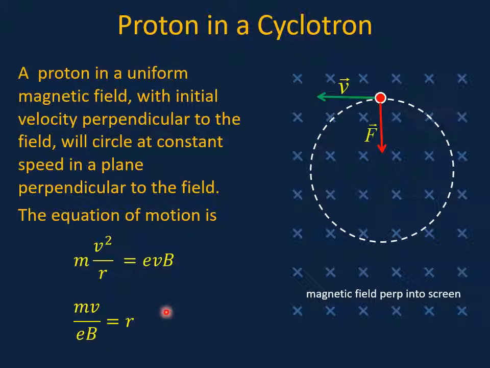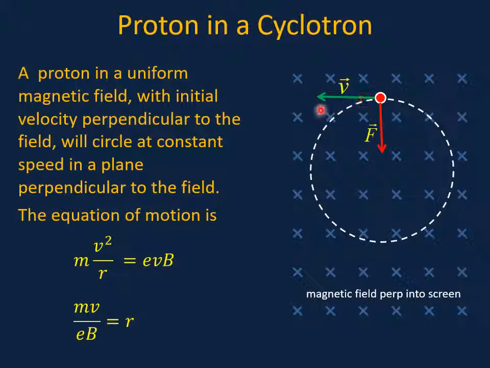So let's just make sure that this makes physical sense. If the proton was moving with a very large velocity, then depending on the intensity of the magnetic field, the field doesn't have that much of a chance to bend the direction of motion of the proton.